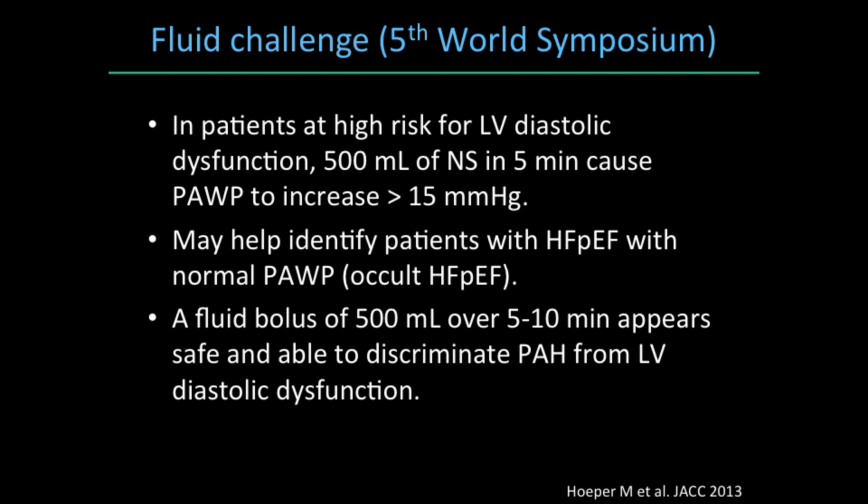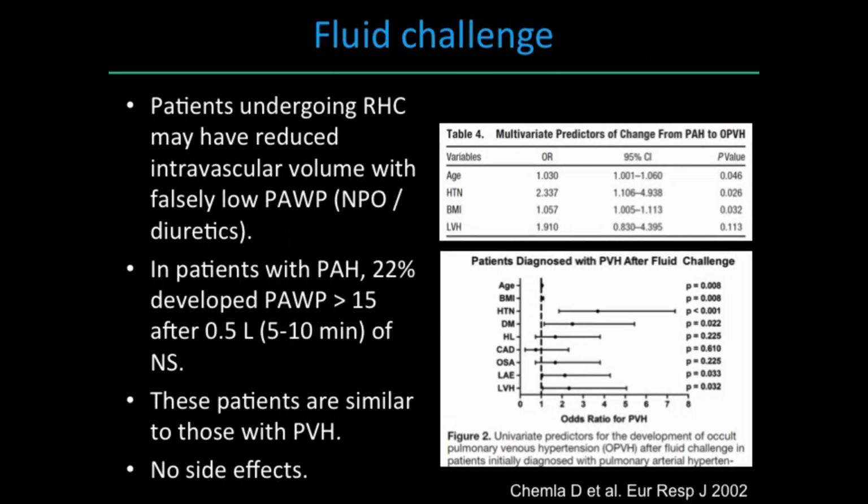This is also recommended in the guidelines of the Fifth World Symposium. They describe a value of about 15 with the amount of fluid that I previously mentioned as a positive test. And they even say that it's safe and able to discriminate patients with pulmonary hypertension from those with left ventricular diastolic dysfunction.